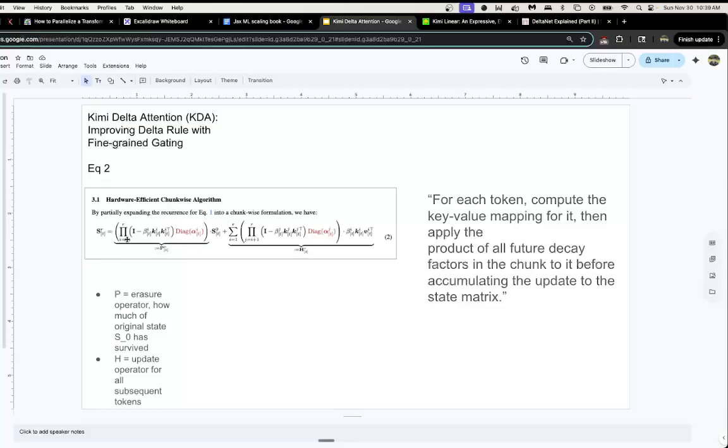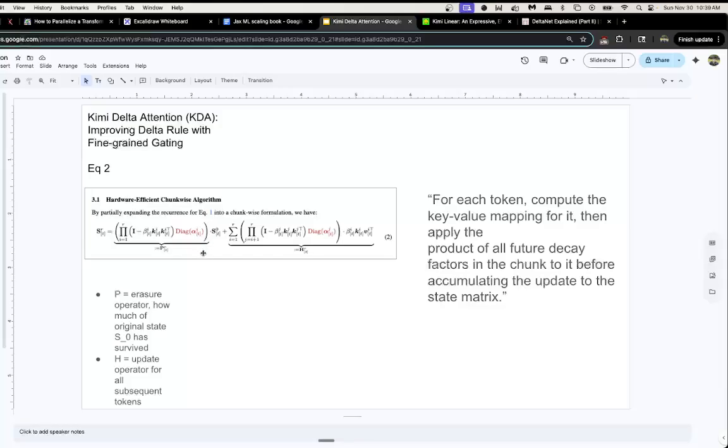We can see our householder transition matrix here, generalized householder, but we have this new term. It's a diagonalized matrix of decay factors that are per channel decay factors. This is what they are doing, adding more granular, per feature decay that is more fine-grained and controllable, so we can get more expressivity in these updates.